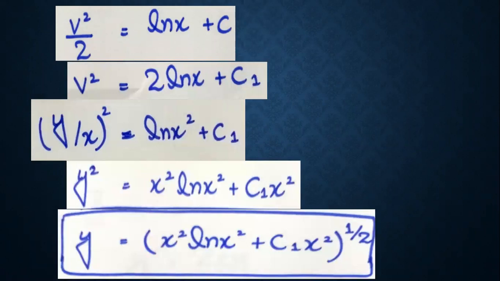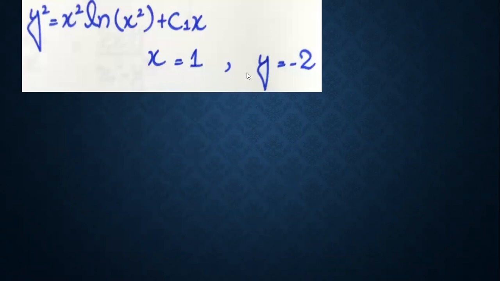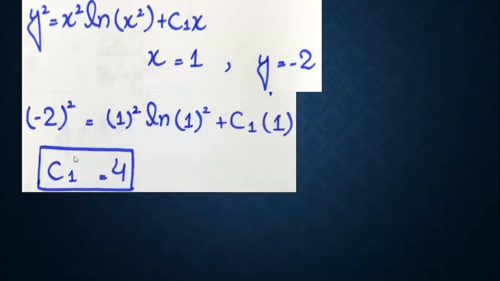This is not our final solution because here we have this constant, and I want to find its value. For that purpose, I will use the initial conditions. According to our initial conditions, at x is equal to 1, we had y is equal to minus 2. So we put these values in this equation: minus 2 squared is equal to 1 square natural log of 1 square, which is always 0, plus c1 times x square, where x is equal to 1.